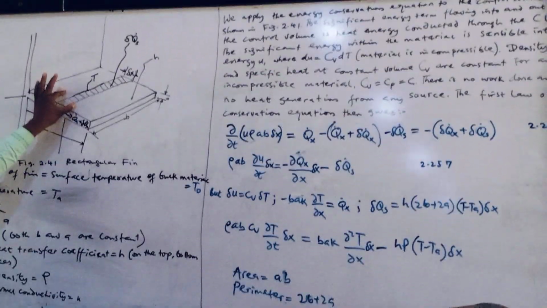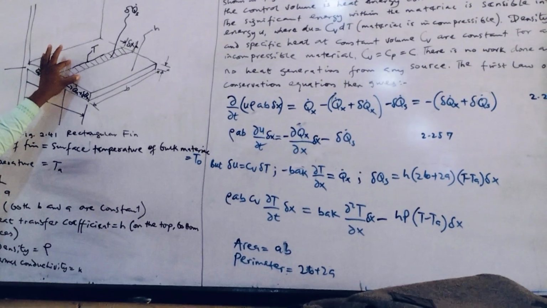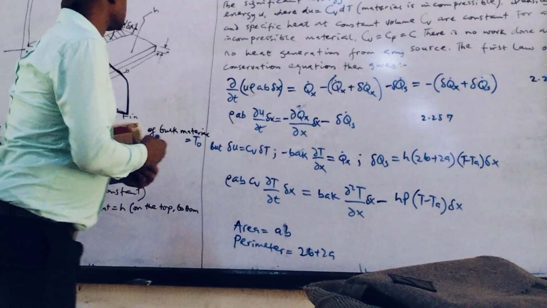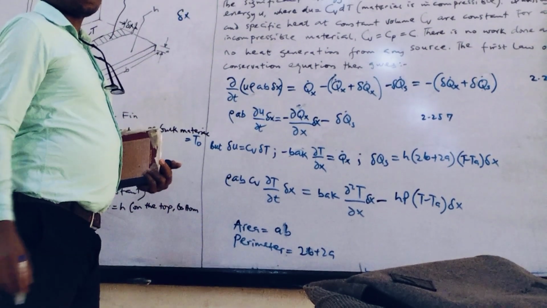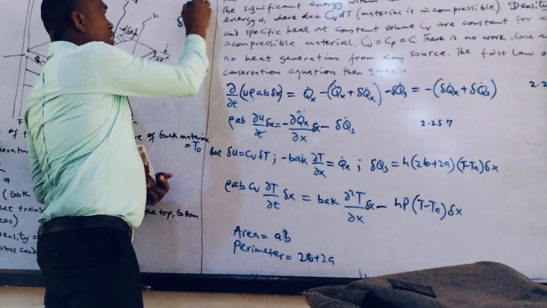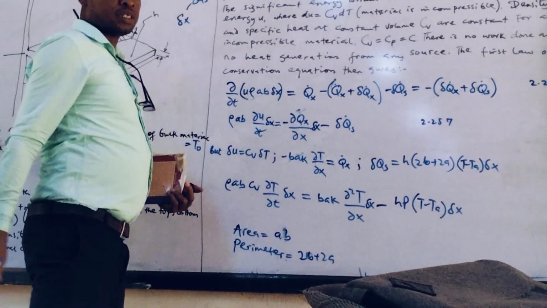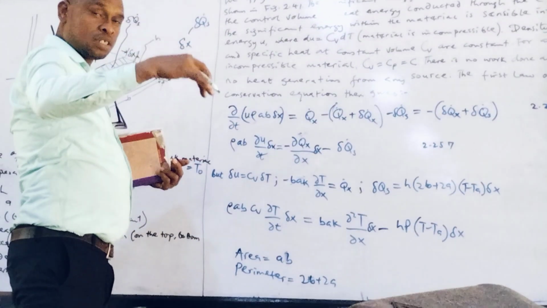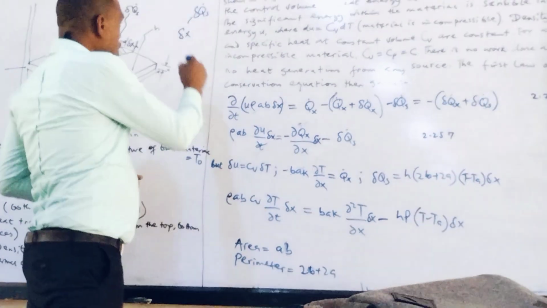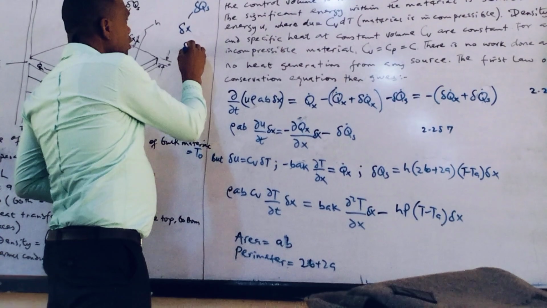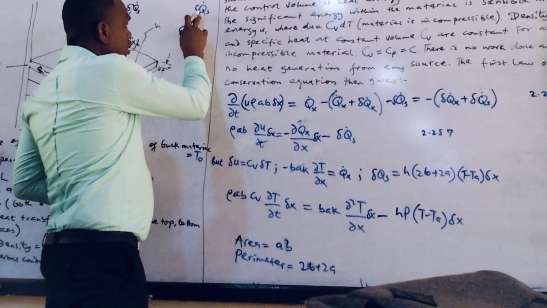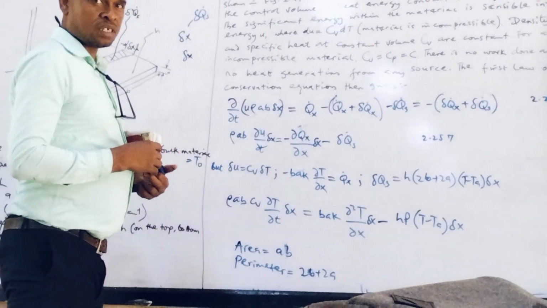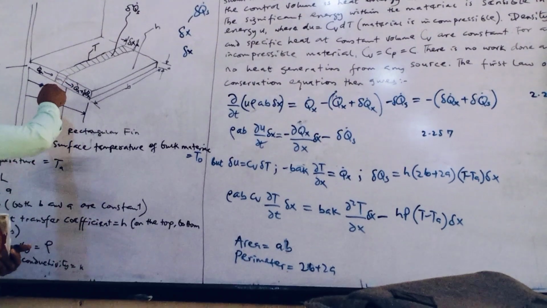The differential control volume, that is the elemental volume, is this. And that elemental volume has the dx. Yes. And the heat flow will be from the lateral surface, from the sides, from the thickness. The lateral surface is with respect to x.